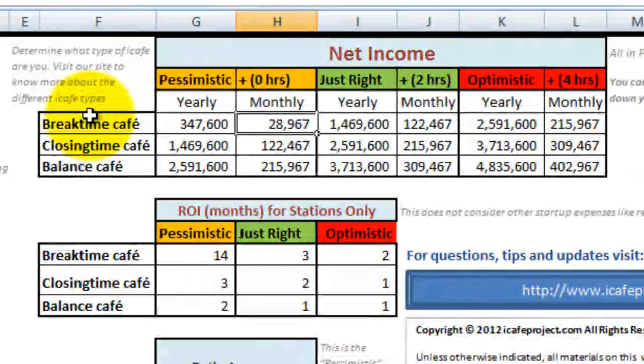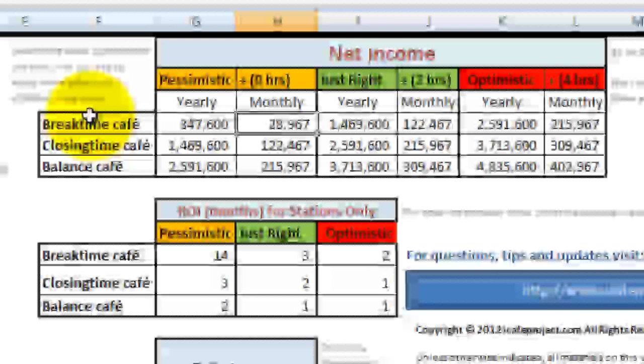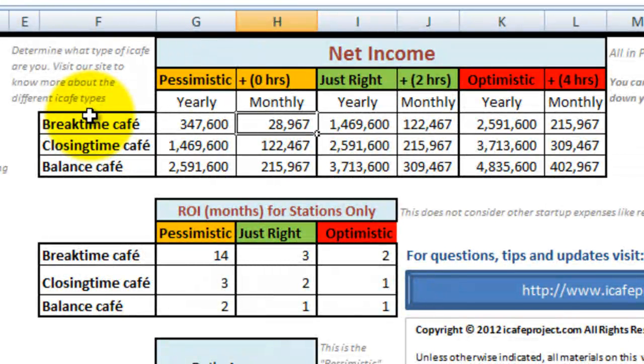Break time cafe, okay, these are the internet cafes that are closely located near schools, near government offices, near private companies, wherein your peak hours are during the break time of students and the break time of employees. Okay, so that's between 11 a.m. to 1 p.m. and sometimes 3 p.m.